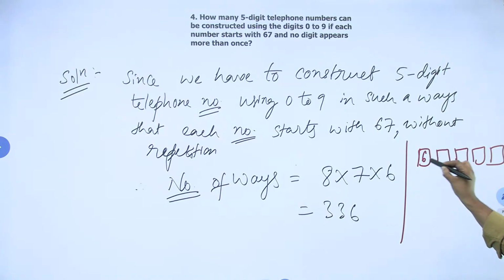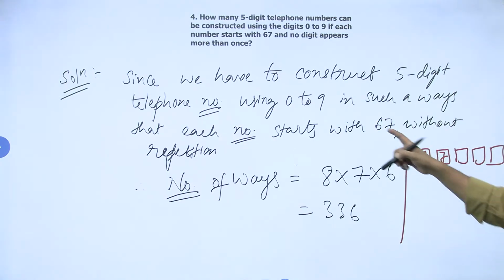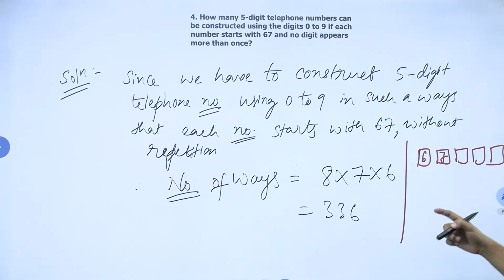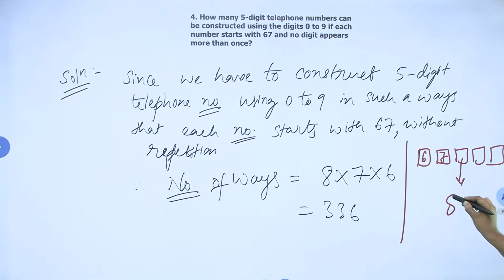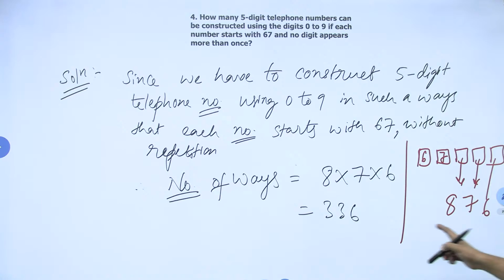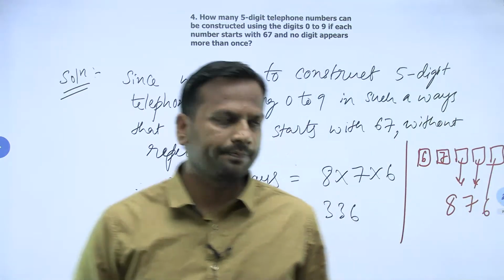Each number starts with 67, right? Using 0 to 9, there are totally 10 numbers. 6 and 7 are already filled. So in how many ways can I fill the vacant place here? In 8 ways. Next, here I can fill in 7 as well as 6 ways. You can do it in this way also.